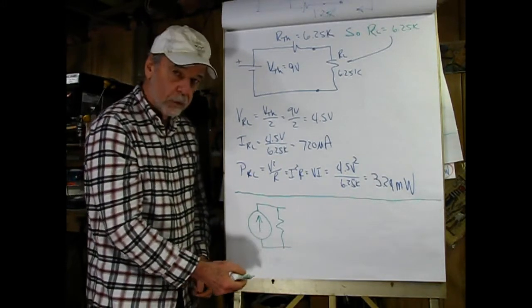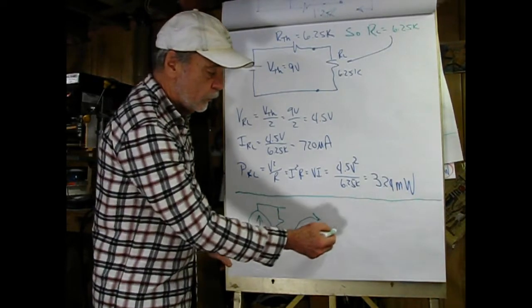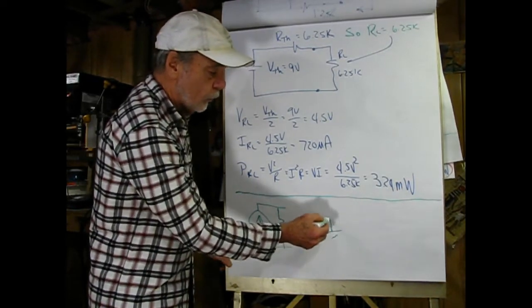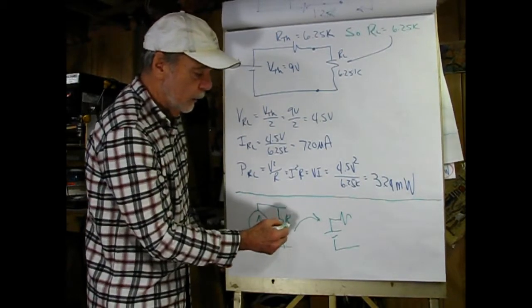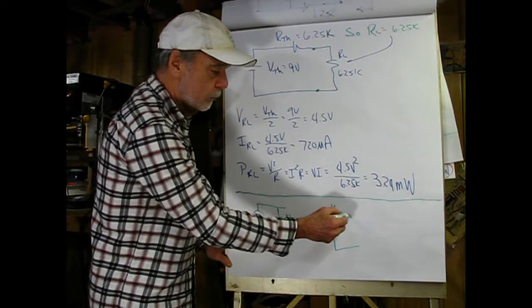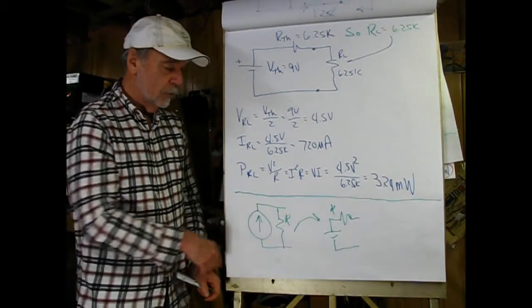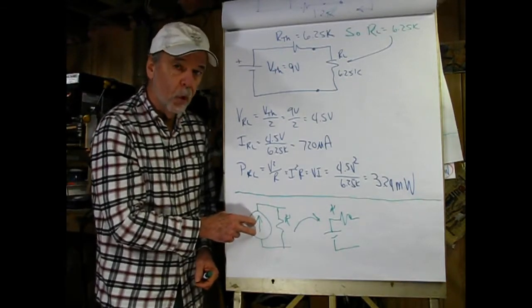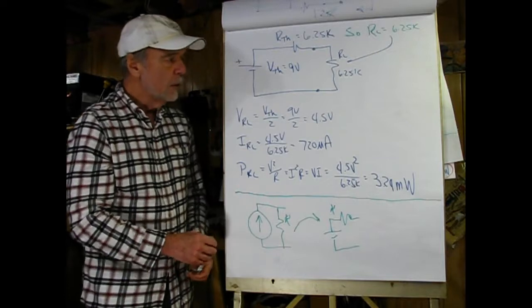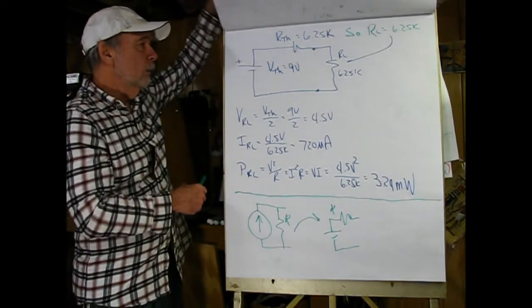Using Norton's equivalent circuit, we could convert this into a voltage source where R is equal to R, and then we can solve it. Now you can also solve it directly with a current source, except looking in, you replace this with an open circuit. So that's the thought of this.